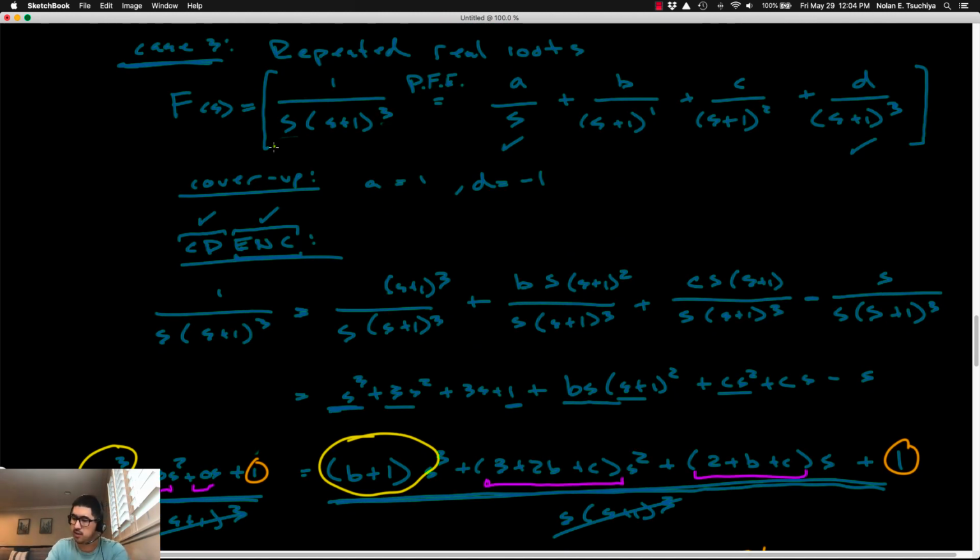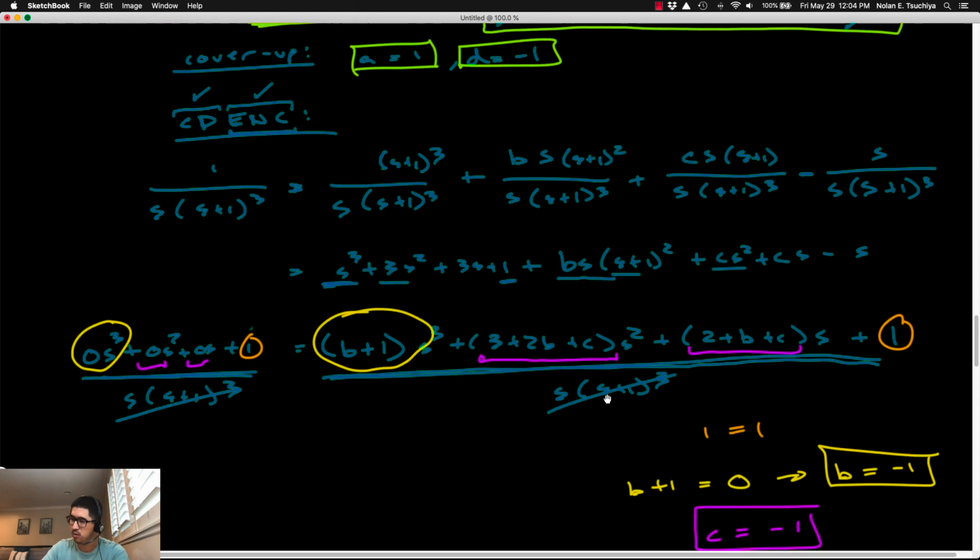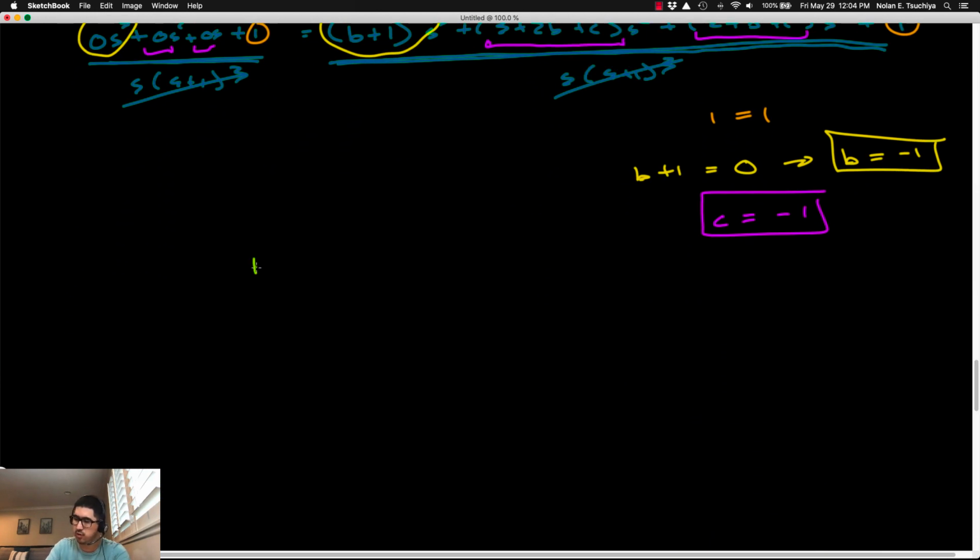But look, okay, this was the original function that we were trying to find the inverse Laplace. I know that there are some coefficients a, b, c, and d that exist such that this whole summation of terms on the right-hand side is equivalent. And I've just gone through the painstaking process to find all 4 coefficients. So I've got a, b, c, and d now. What I can do is basically just rewrite the original function.